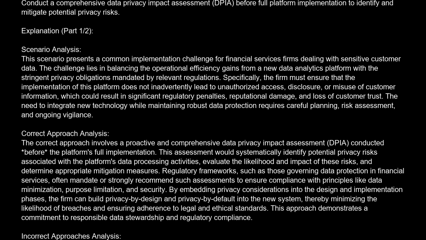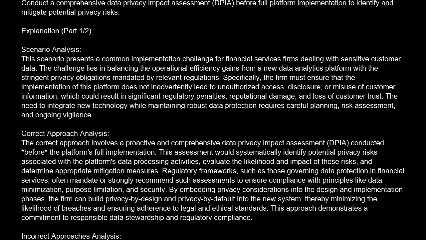Explanation: scenario analysis. This scenario presents a common implementation challenge for financial services firms dealing with sensitive customer data. The challenge lies in balancing the operational efficiency gains from a new data analytics platform with the stringent privacy obligations mandated by relevant regulations.